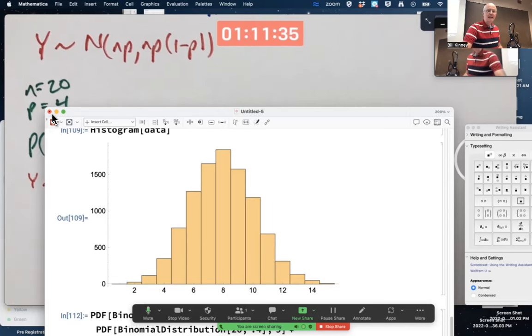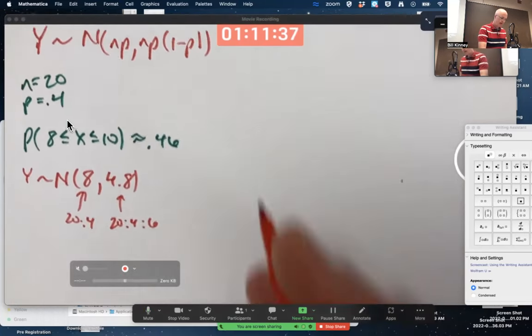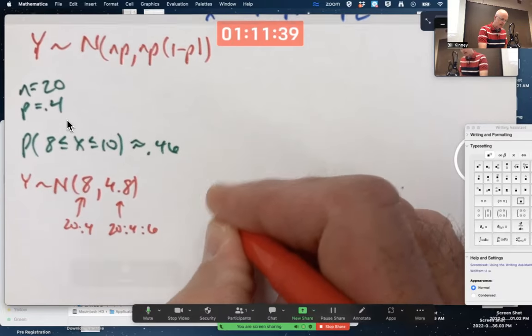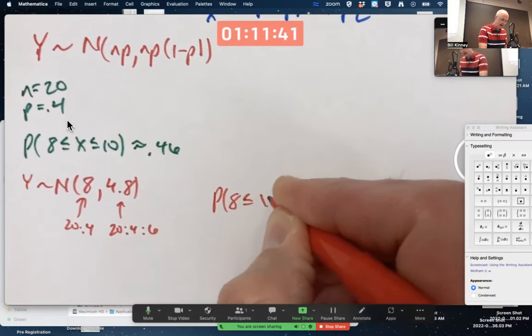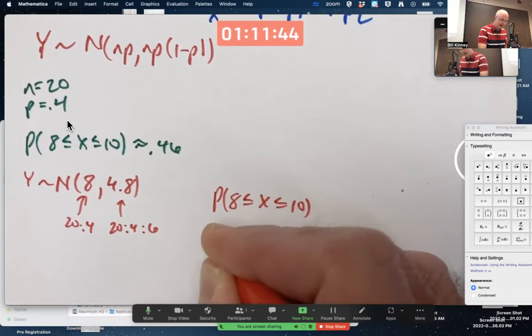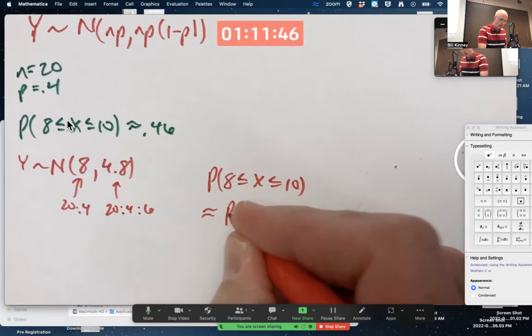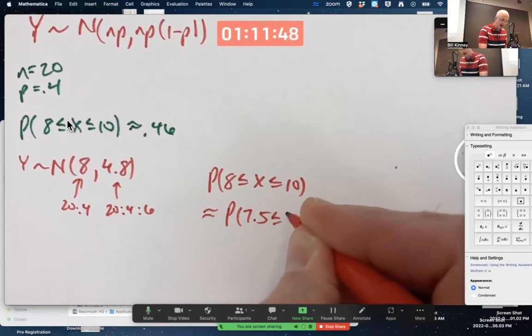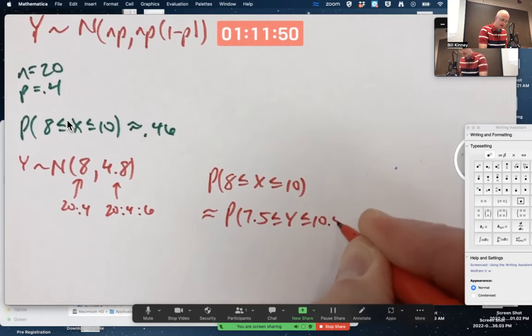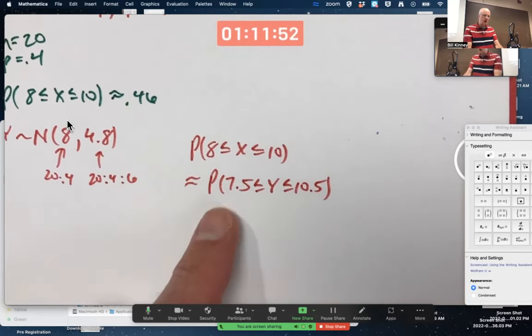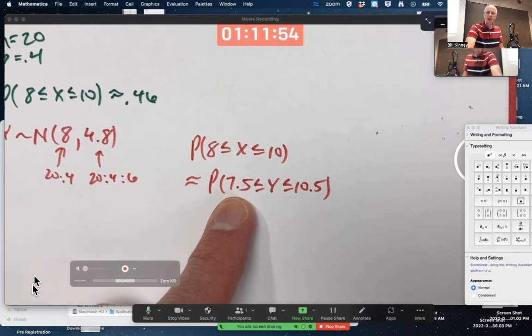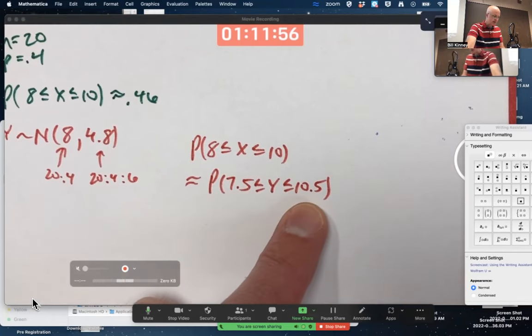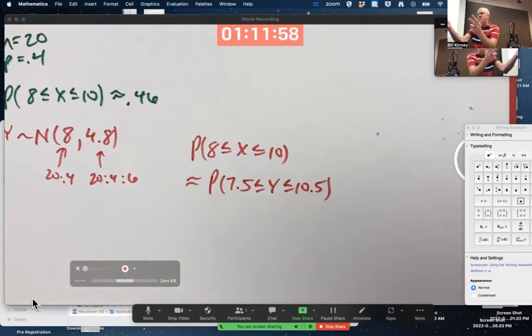So I need to approximate the probability that X is between 8 and 10 by the probability that Y is between 7.5 and 10.5. If you're unsure whether it should be 7.5 or 8.5, or 10.5 or 9.5, the picture is the key.